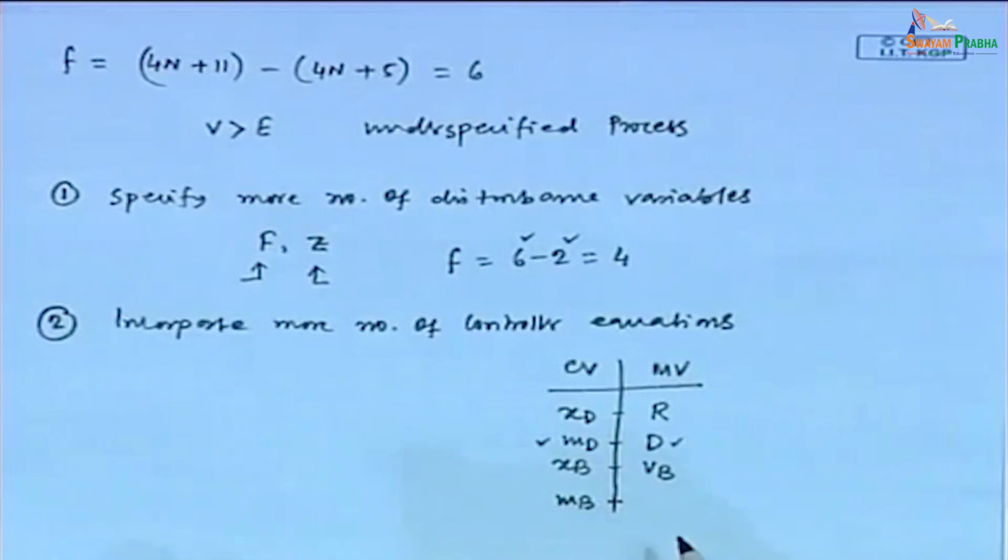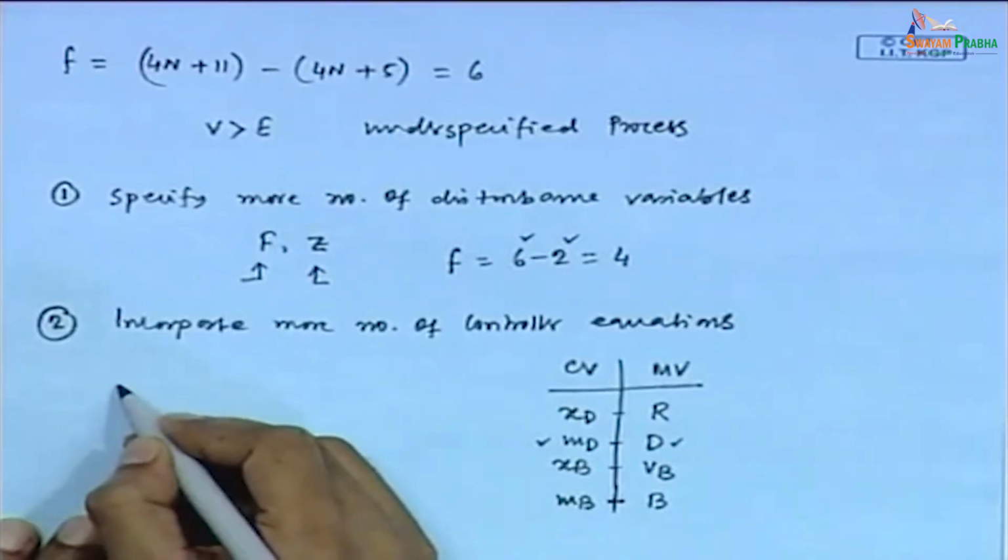If we want to maintain the liquid hold up in the column base, then that is the control variable, and this MB can be controlled by the manipulation of outlet liquid flow rate, that is B. So, these 4 control variable manipulated variable pairs we can consider for the example column.